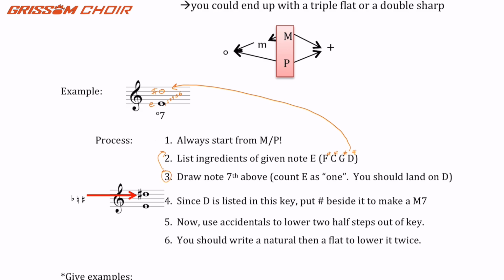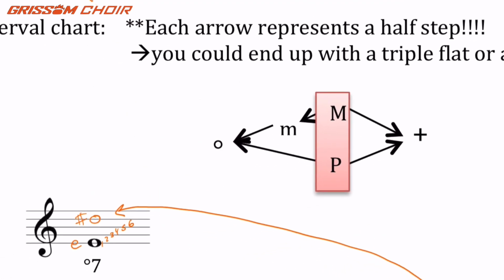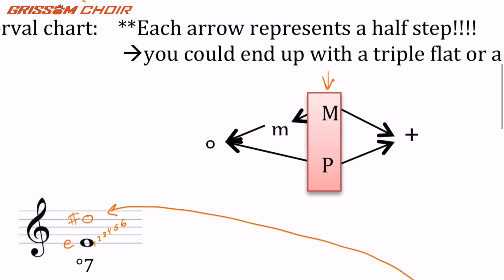Now we have to use accidentals to lower that note by 2 half steps, taking it out of the key. Like I said, a major seventh above E is D sharp. A diminished note is 2 half steps away from the major. So if we lower that sharp to a natural, that would be a minor seventh.